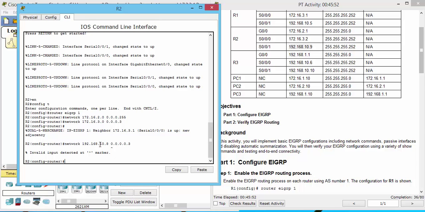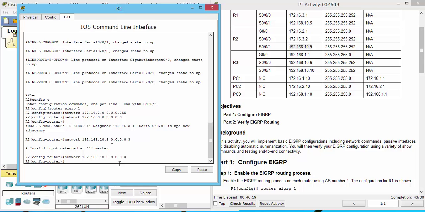Network 192.168.10.8. Oh, we put an extra 0 here. So network 192.168.10.8 0.0.0.3.